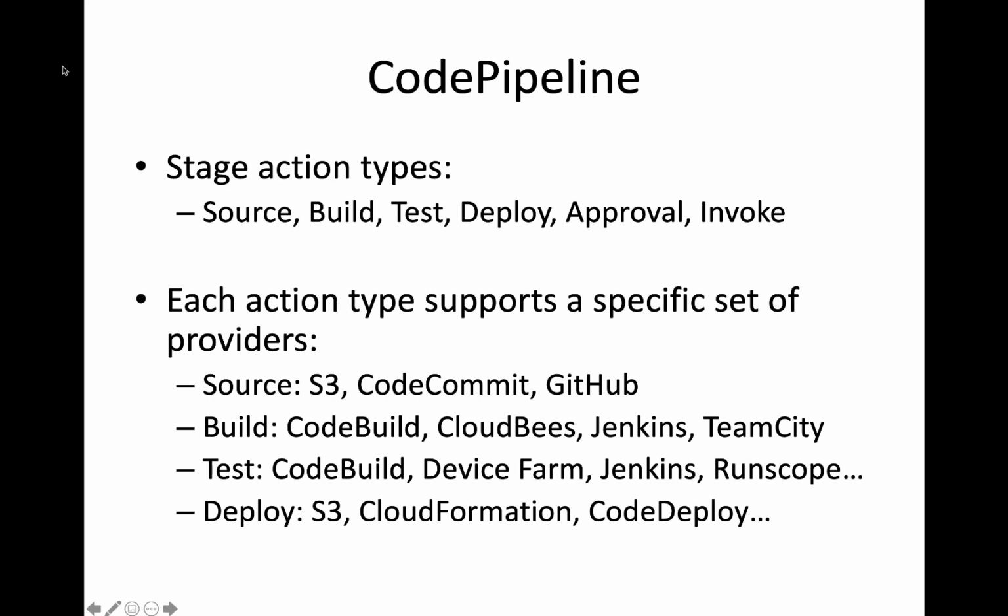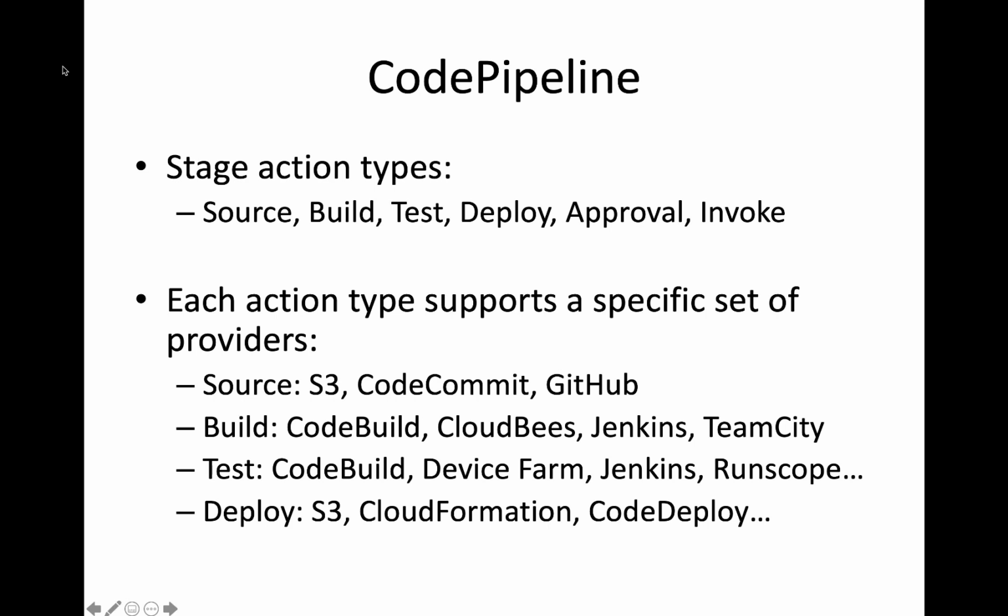And each action type that you define in a stage supports a specific set of providers. For example, if you create a stage that uses an action type of source, then that stage can pull source code from providers like AWS S3 or AWS CodeCommit or GitHub.